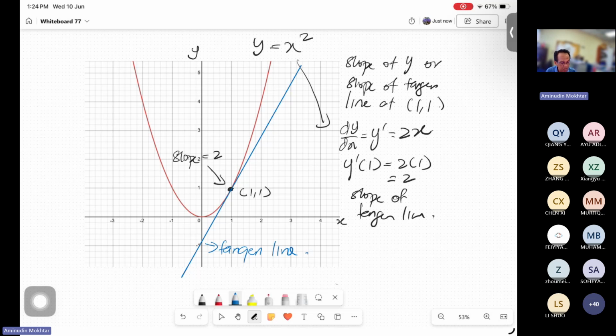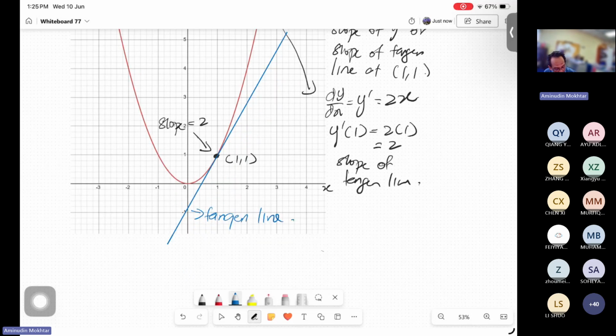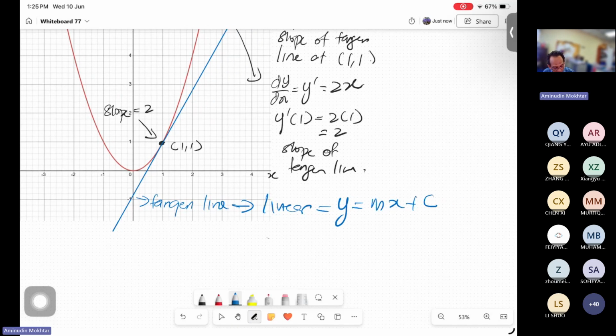What is the value of the slope? The tangent line is a straight, linear line, in the form y equals mx plus c.